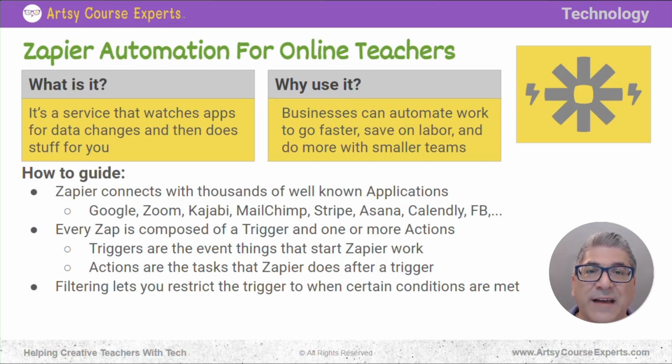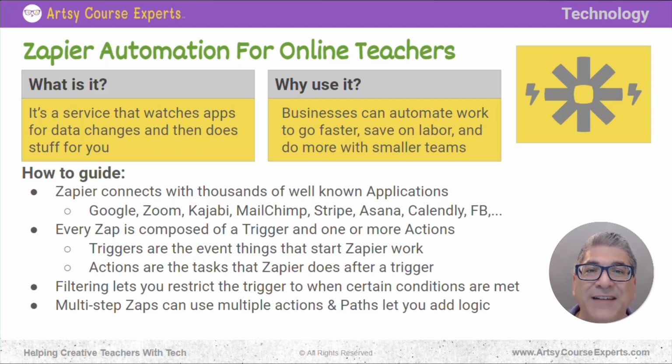So filtering lets you do that. You receive the event, hey, something just happened. You analyze that event, and based on that, you then proceed to do an action or not. You can also have multiple steps in a Zap. Imagine that you have a trigger and then you begin a series of actions. Because this one thing happened, I'm going to now do actions 1, 2, and 3.